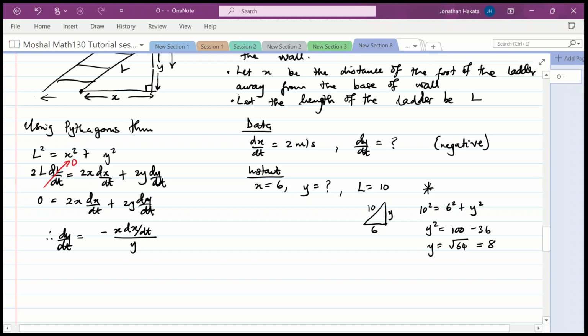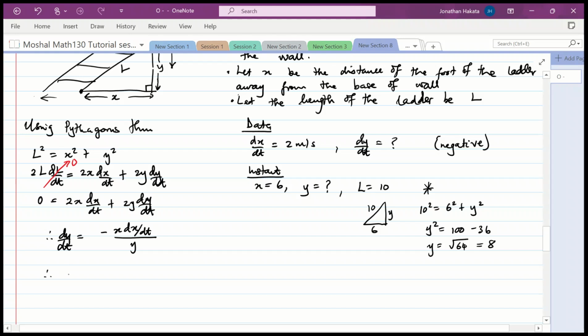We only take the positive root because the magnitude of a length is never negative. So we now have the set of data that we want.